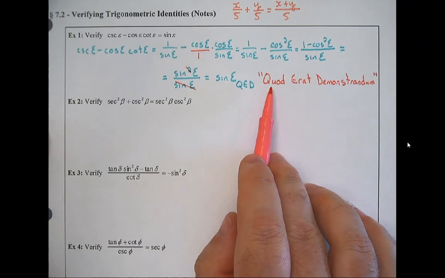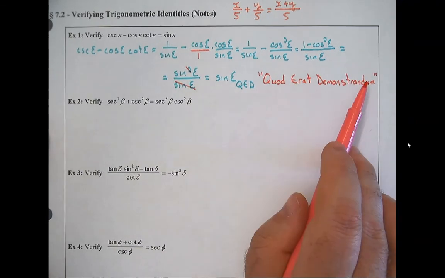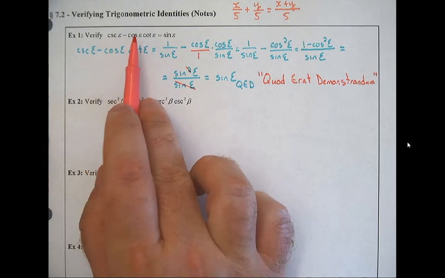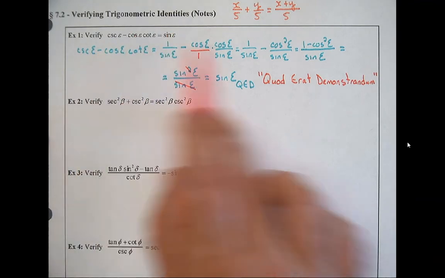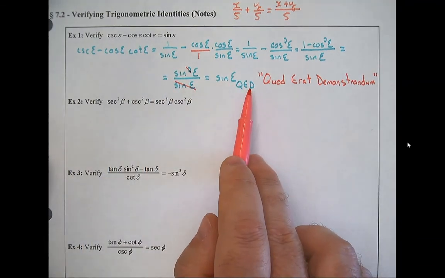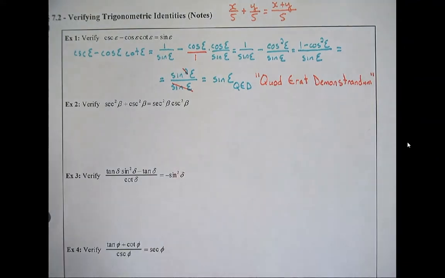That's Latin for that which was to be shown. In other words, they told me that I had to show that this side could equal that side. I showed that, and so at the end, this is me talking trash, saying, hey, I just showed you what you told me that I had to show. That which was to be shown.